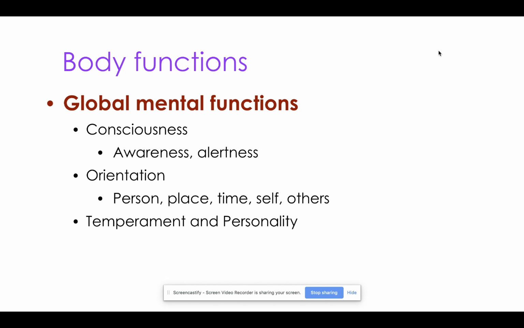Now we talk about orientation. We're looking at orientation to the person and to the place that you're in. This could be the room or environment that you're in, but also what you're sitting on or where you're standing. Time is what time it is, such as on a clock, but also what time of day it might be, morning, noon, or night, what season it is, or what holiday might be coming up.